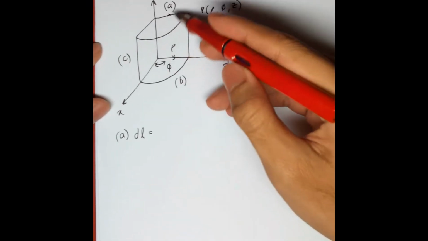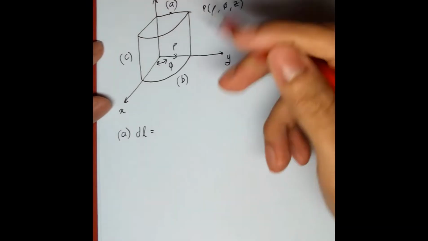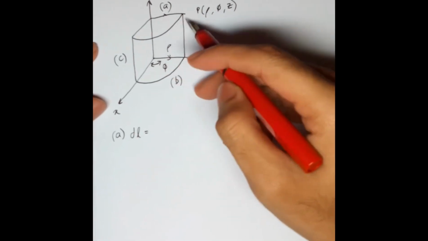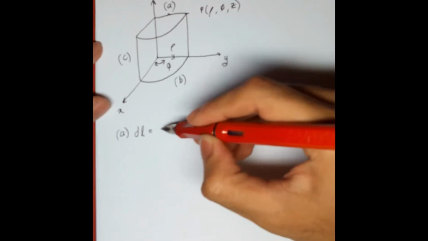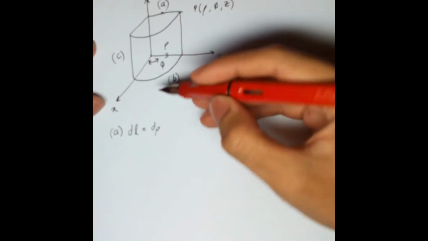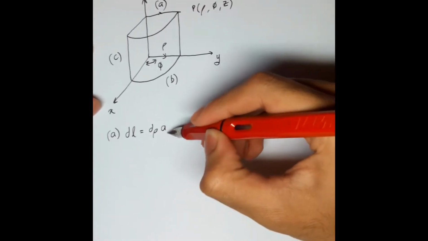For the differential length of A, we can see that it is pointing in the direction of rho. So the differential length will equal d rho a rho.